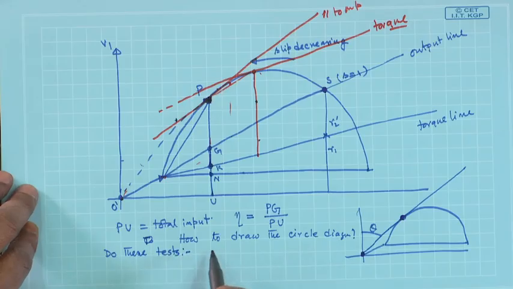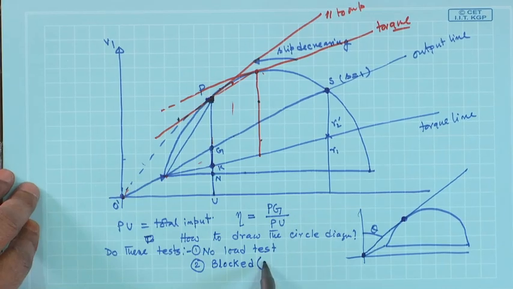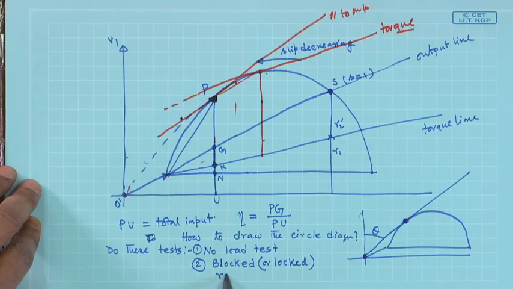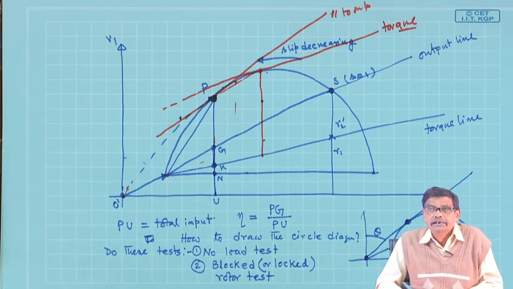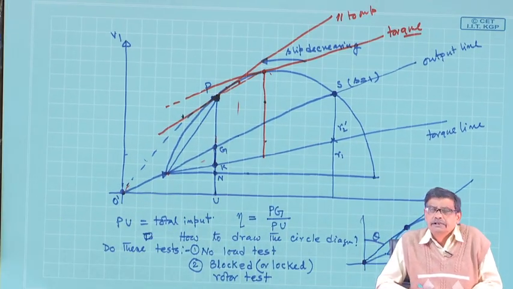One is called no load test, and the other is called blocked rotor test, or locked rotor test, same thing. And I will show you in the next class how, from the readings of those tests, the circle diagram can be drawn very easily to scale. Thank you.